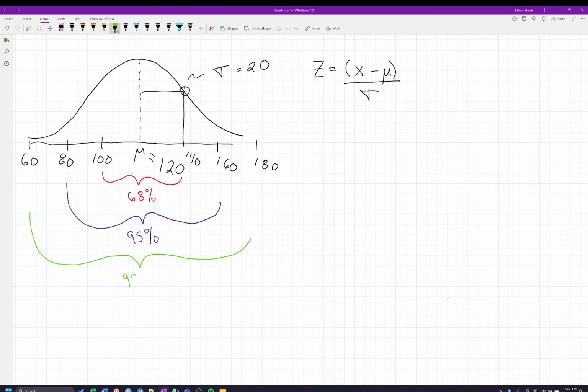Okay, and those were our empirical rules. So let's talk a little bit more about what we were actually doing here.